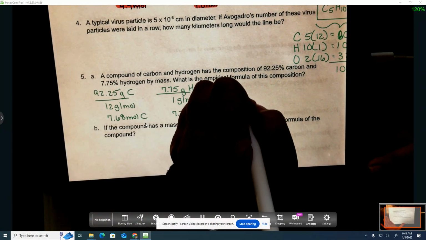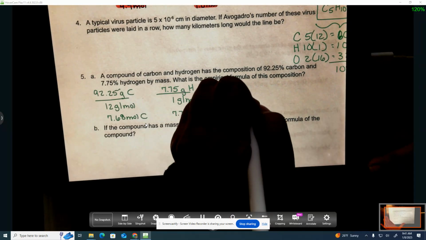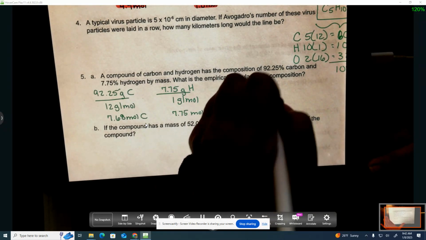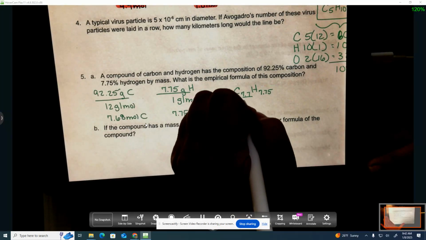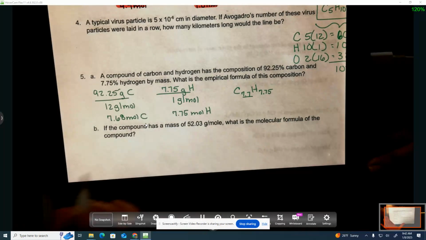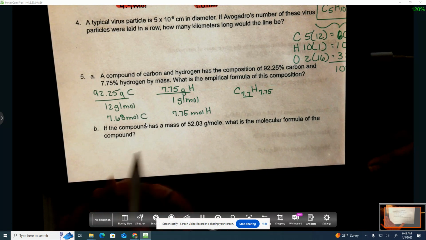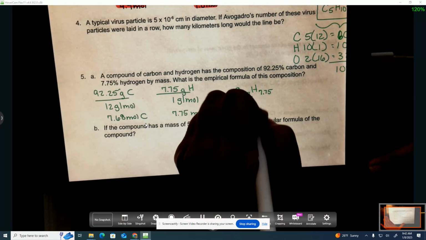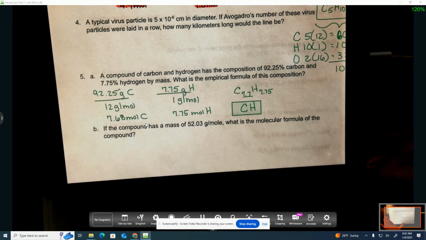Okay, C, 7.7, and H, 7.75. We'll divide both by 7.7. Can you understand that that's 1? I don't have to write it down? Okay, so C1H1. There's the empirical formula. It's not a half, so it's close enough to this 1 that we can make it 1.